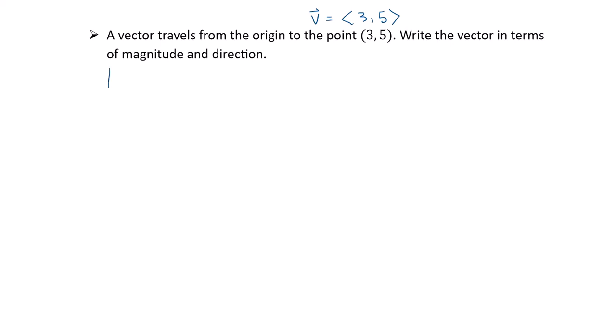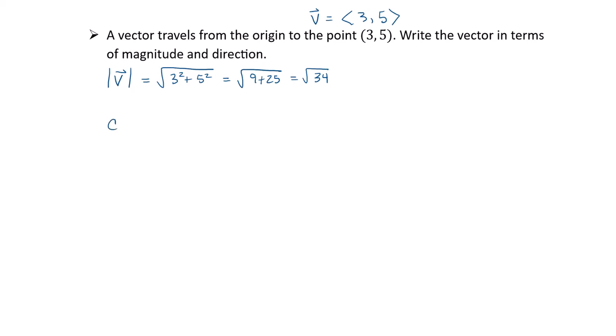So we can find the magnitude of vector v. That's going to be the square root of 3 squared plus 5 squared. That's the square root of 9 plus 25, which is the square root of 34.